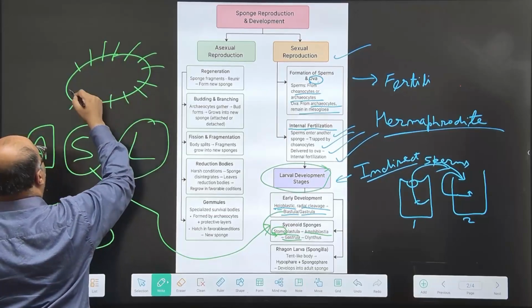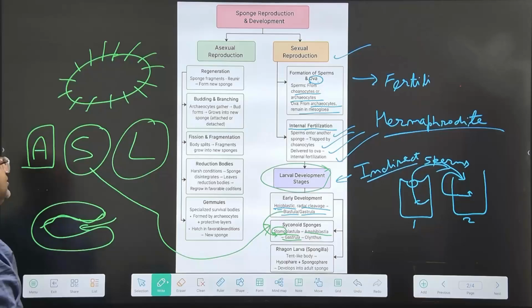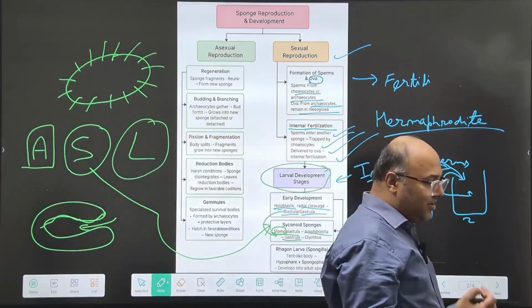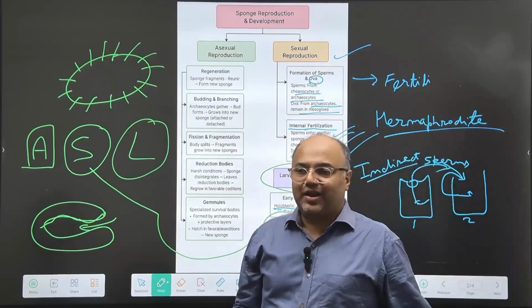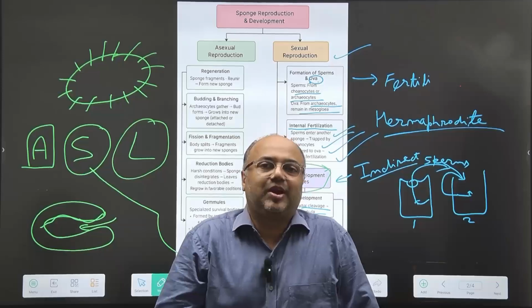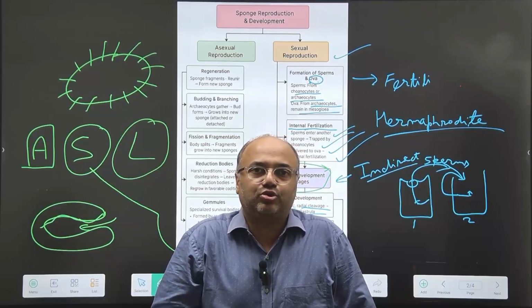Now it has moved out of the sponge body. And now this larva can move, it is mobile, it will settle itself on a suitable substratum for its growth.